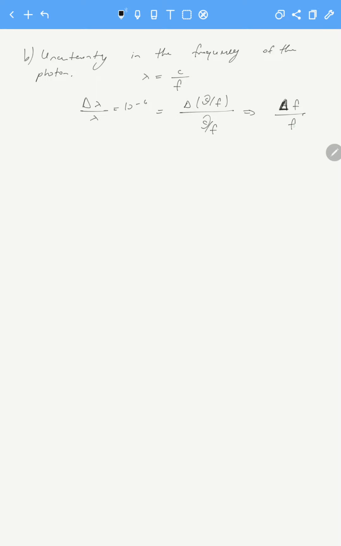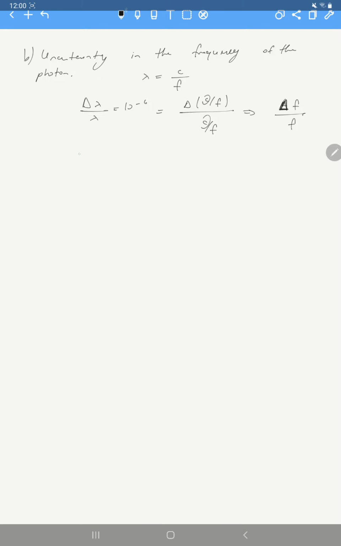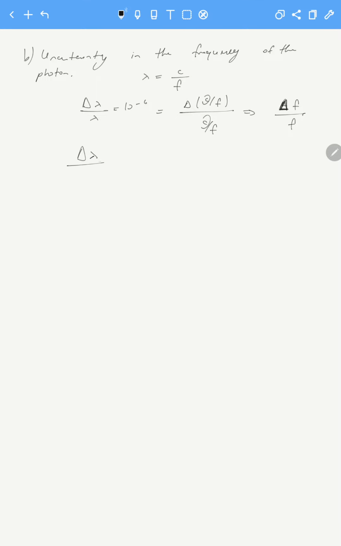So the allowance of us to make some mistake in measuring the wavelength is actually the same order of magnitude as we are allowed in the frequency.